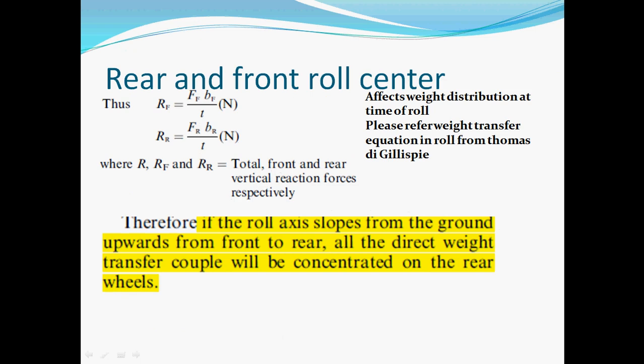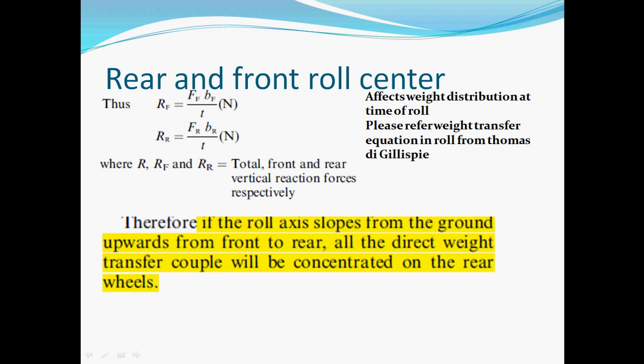One more thing: whenever you are designing your front Roll Center and rear Roll Center, consider the weight distribution also. Do the weight distribution calculation. The front Roll Center and the rear Roll Center determine your weight distribution at the time of cornering in the front and the rear. The formula is in Thomas D. Gillespie also, and in RCVD, and whatever book you are reading will have the formula.